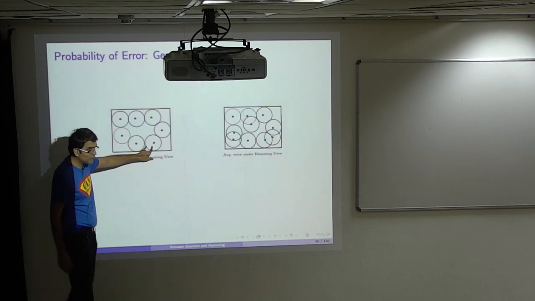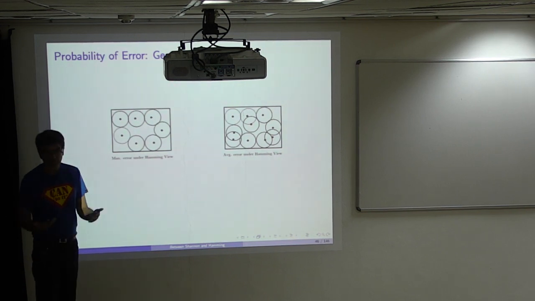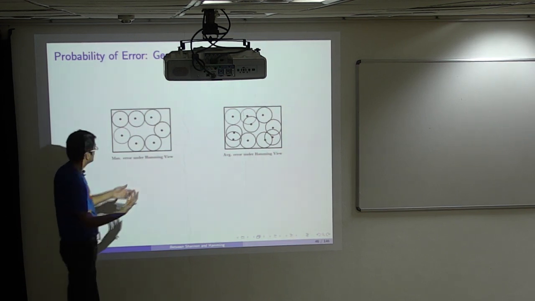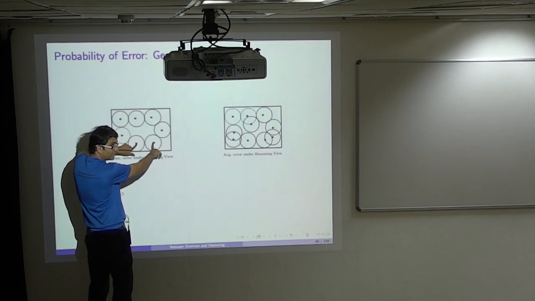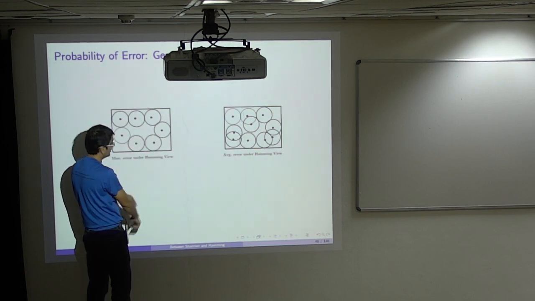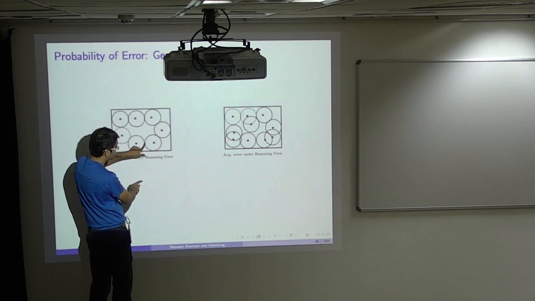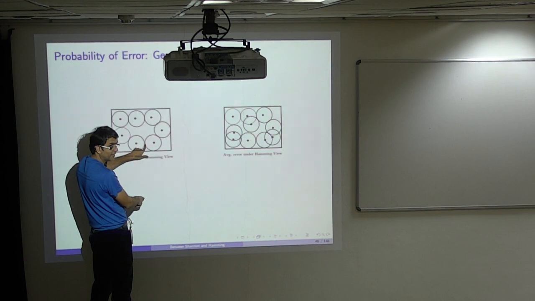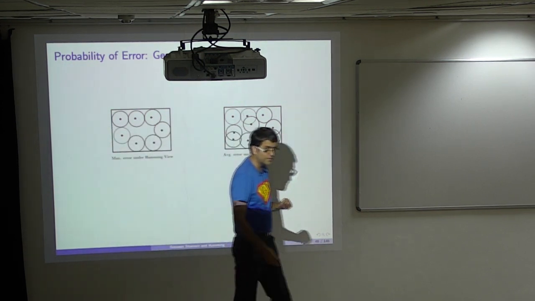Because if there's any overlap at all, under a maximum probability of error metric, that would be immediately a probability of error. If there's any overlap at all between even a single pair of code words, between the received code words for this transmitted code word and the received code words for that transmitted code word, then for this transmission, the adversary would always try to push it towards this received vector, and then the receiver would have no way of trying to distinguish between these two, right?